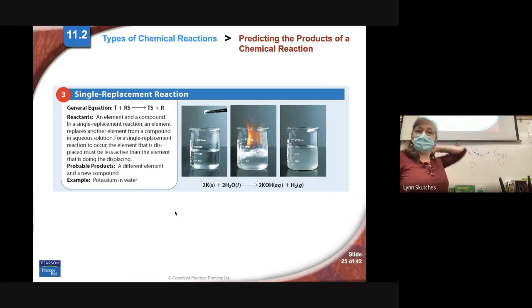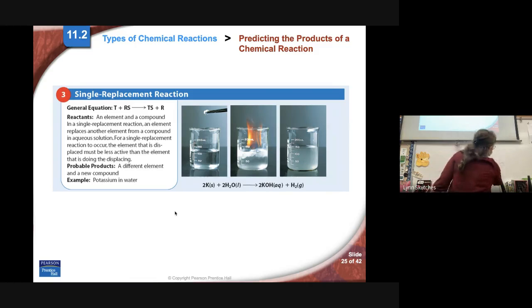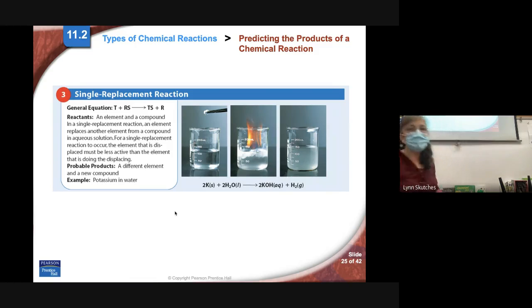All right, single replacement. And they use weird little symbols because they're doing examples. They're trying not to get you confused with element symbols, although, of course, S is an element symbol, but that's all right. So for single replacement reactions, you have to look at the activity series. And we're going to do a single replacement reaction today.